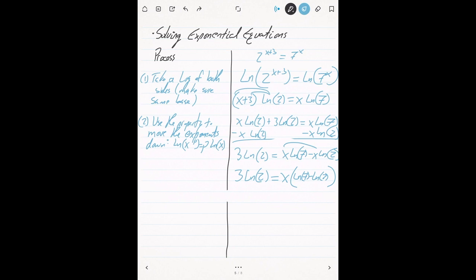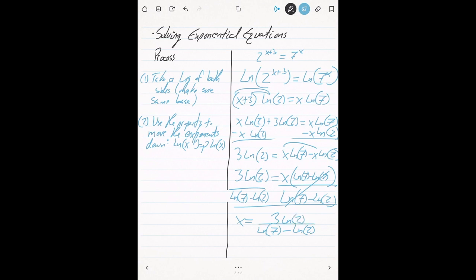How do I get x by itself now? Well, keep in mind, I'm saying x times all of this. So, divide both sides by ln of 7 minus ln of 2. All that I'm doing here is isolating the x. We get x is equal to, on the bottom we have ln of 7 minus ln of 2, and on the top we have 3 times ln of 2.